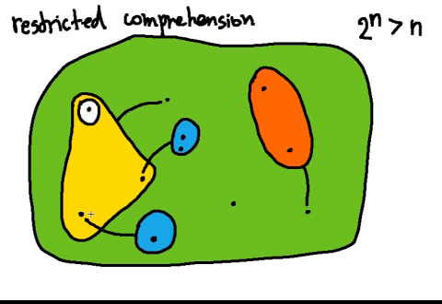So for example, the yellow collection here forms a set. And let's now expand this element here. Let's say this one is indeed an empty set. There we go.